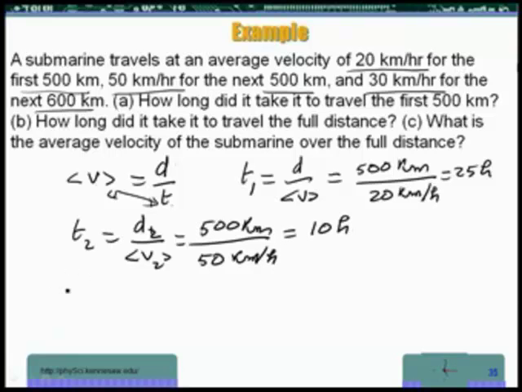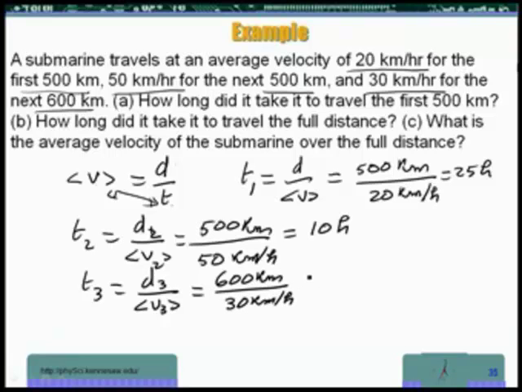That's much better. And T3 is d3 over v3. In this case, we have 600 kilometers over 30 kilometers per hour. So that gives us 20 hours.